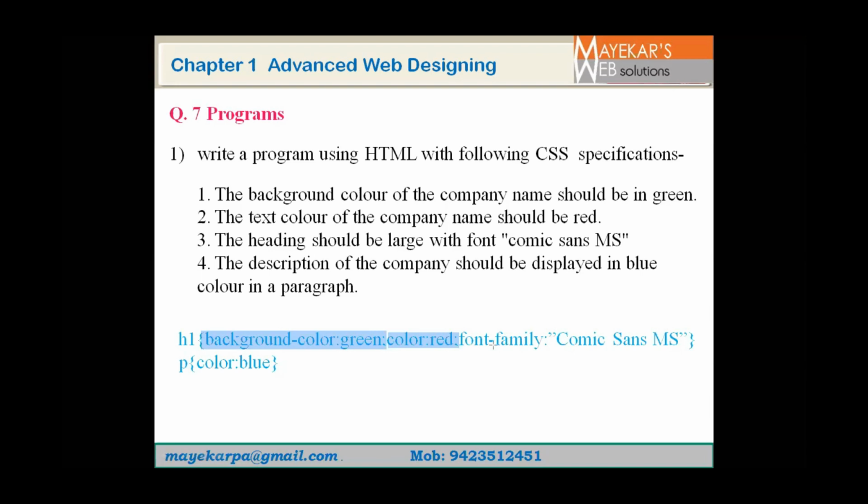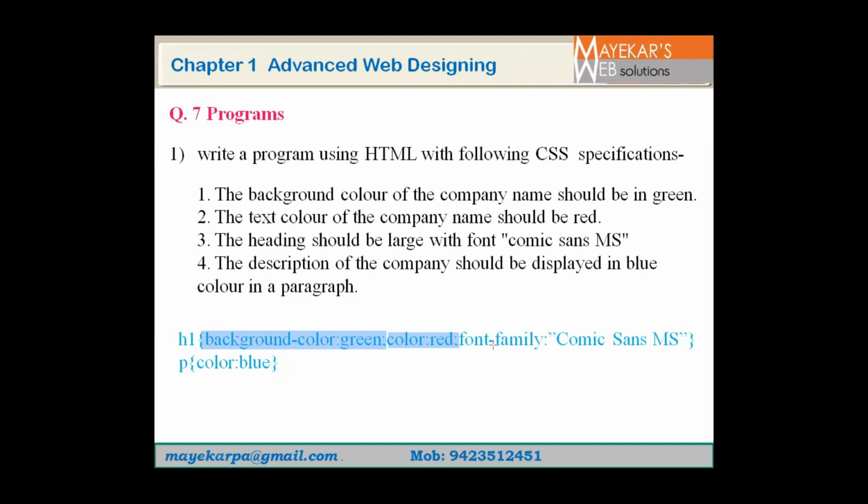So here we have created our first element and first style, and the second style says that you want to apply blue color for the paragraph or the description. Only one small property you have to use.